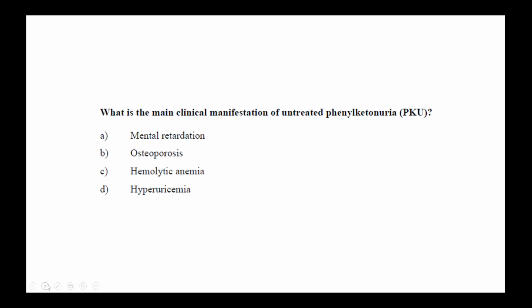What is the main clinical manifestation of untreated phenylketonuria? Option A, mental retardation. Option B, osteoporosis. Option C, hemolytic anemia. And option D, hyperuricemia. You are saying option A, that is mental retardation. That is the correct answer.